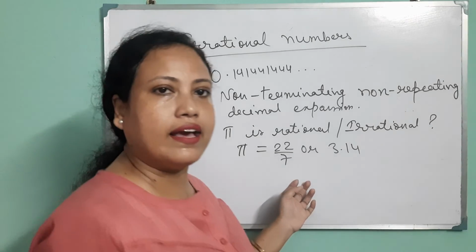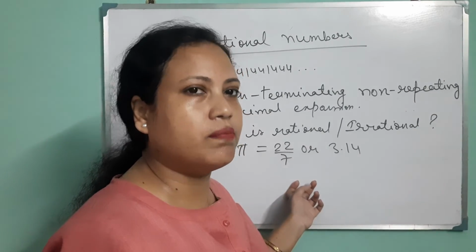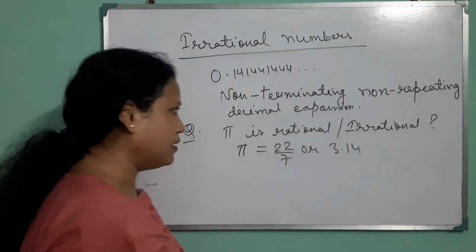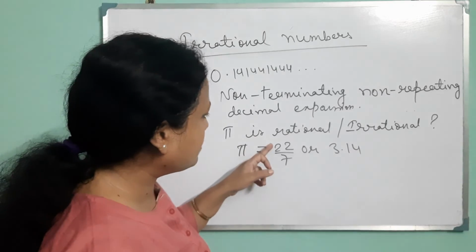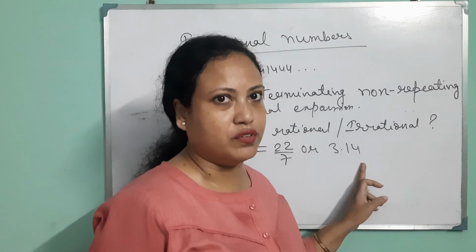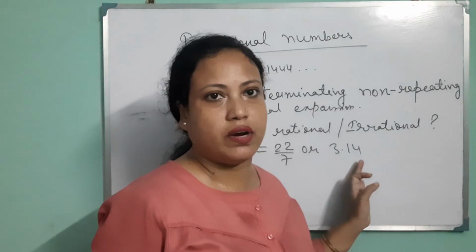So it is looking like pi is a rational number. But whether actually pi is a rational number? No, pi is not a rational number, because when you divide this 22/7, you will not get exactly 3.14. We consider the value of pi approximately 3.14.